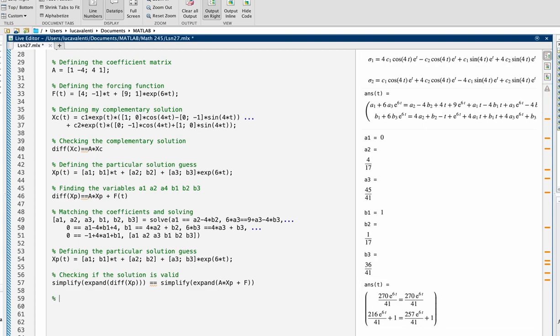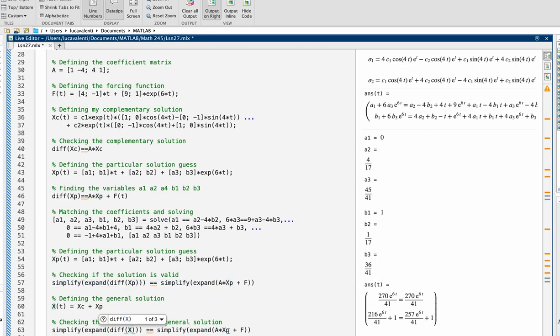So now I'm going to define the general solution, and I'll call it x, and that's going to be xc plus xp. We've already checked it, but if you want to check it again, checking the validity of the general solution, you can rewrite this expression, but now we're going to just have x, which is the overall general solution.